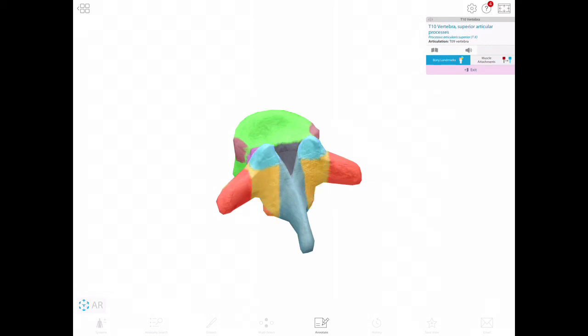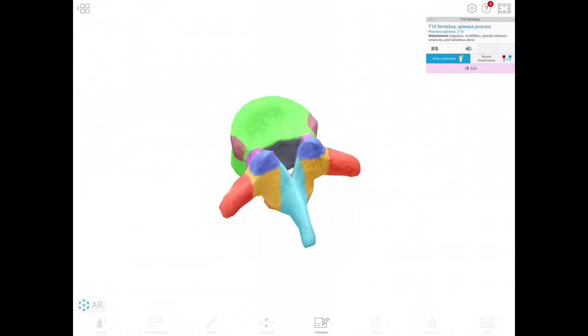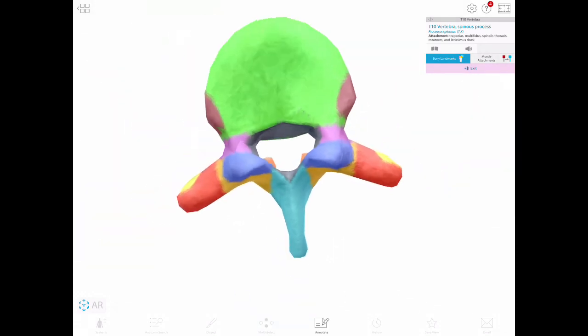And here are the superior articular processes and the inferior articular processes. Here are the transverse processes, and here is the spinous process. Inside the hole, can you guess it? That is the vertebral foramen.